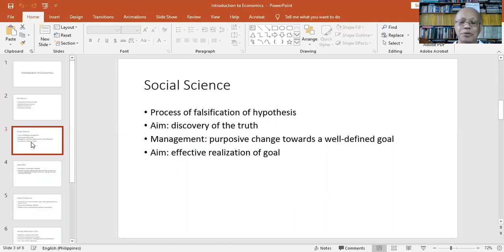So as an example, you have this argument from macroeconomics that says a decrease in interest rates increases investment. That is a hypothesis. Investment, which is the direct object, is a particular concept for which data are readily available.